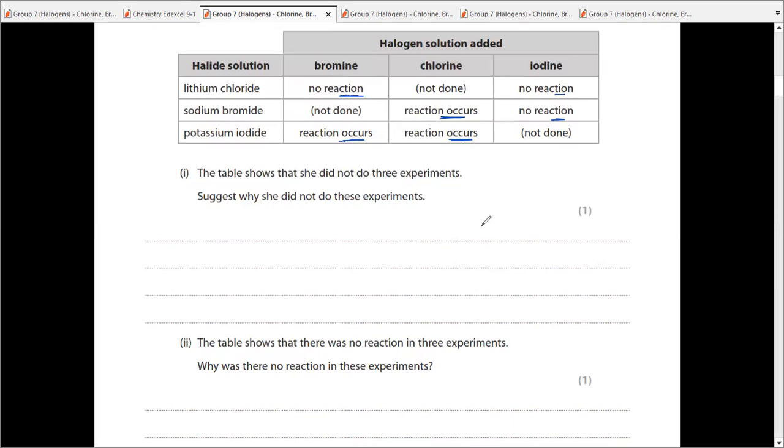So is it because bromine cannot displace chloride because it is more reactive? No. Exactly. But a little bit of error is still there.